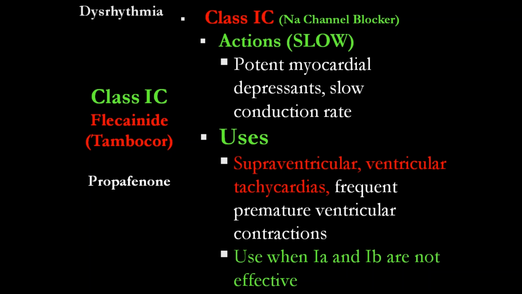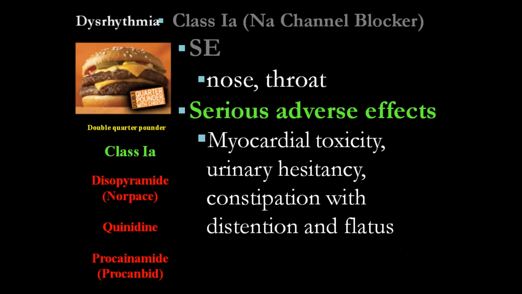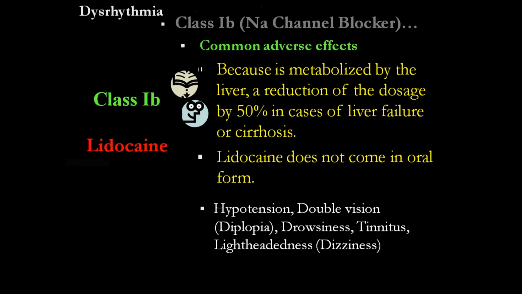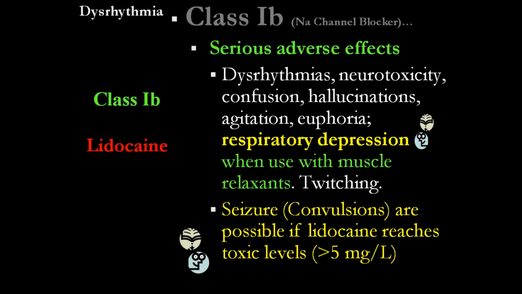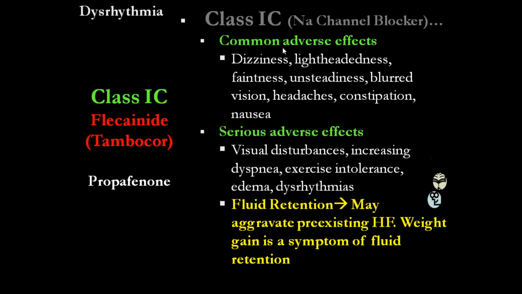Okay, so just remember the quarter pounder and the double quarter pounder, because the rest, they're going to tell you the names and what it's for. Just remember one prototype. Tambocor, flecainide, is 1C. Okay.